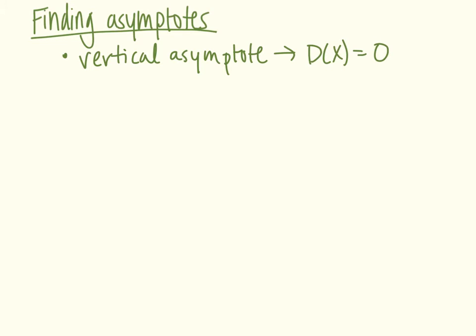Now, I will say the one caveat to this is if there are any common factors. So really, before you even try to find an asymptote, you need to make sure that n of x and d of x, the numerator and the denominator, have no common factors.